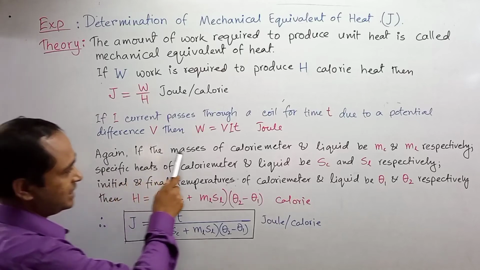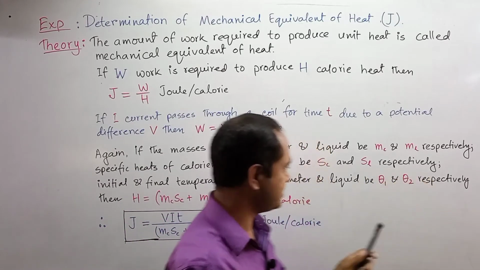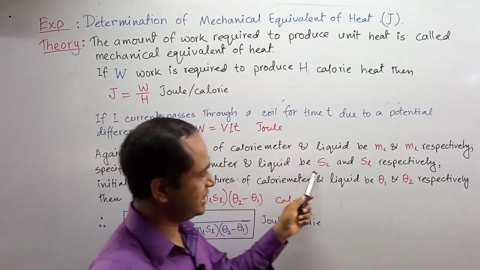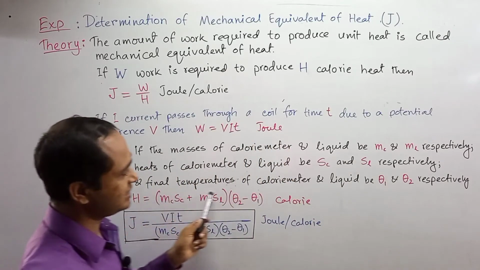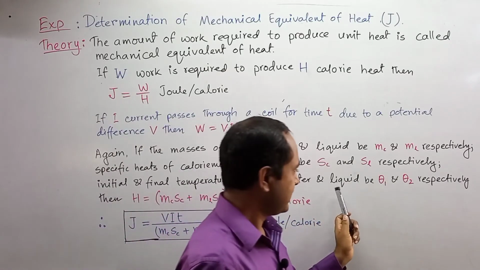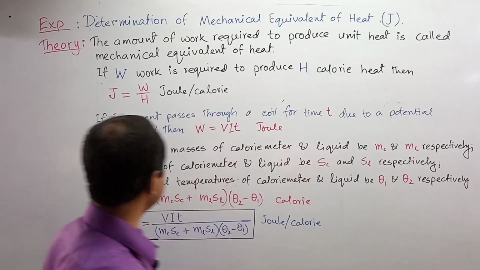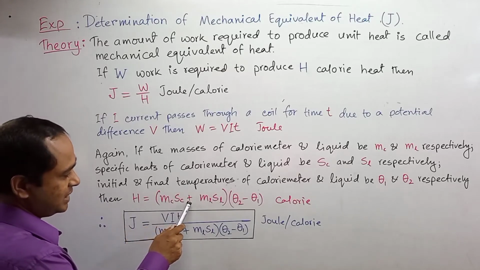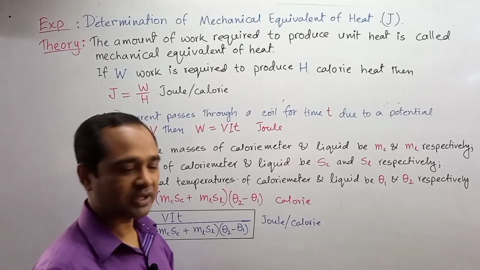And if the masses of the calorimeter and liquid be mc and ml respectively, specific heats of calorimeter and liquid be sc and sl respectively, and the initial and final temperatures of the calorimeter and liquid be theta 1 and theta 2 respectively, then the produced heat in the calorimeter can be expressed as H is equal to (mc sc plus ml sl) multiplied by (theta 2 minus theta 1) calorie.